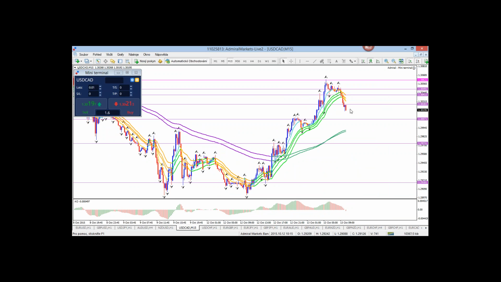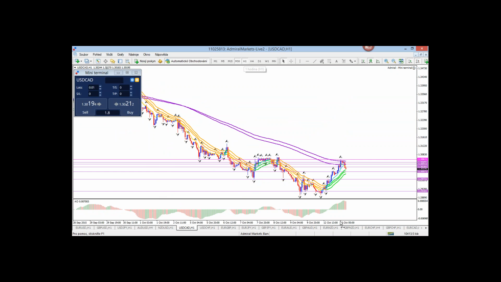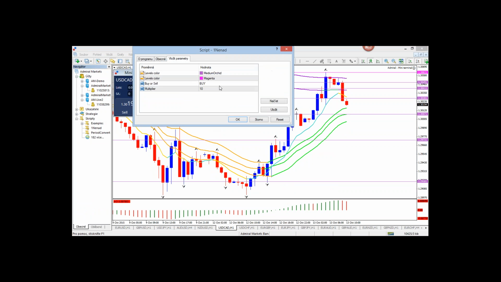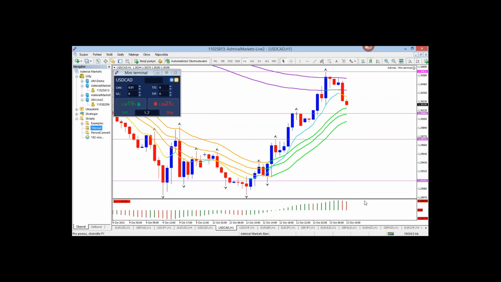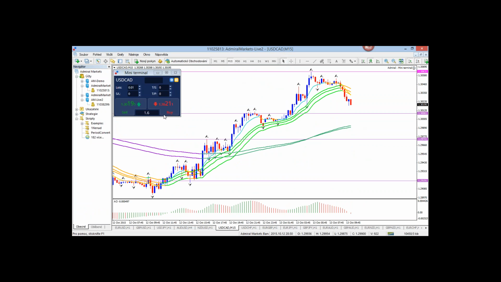It has reached level 3. Well, not necessarily on the hourly, but maybe on a lower time frame here.